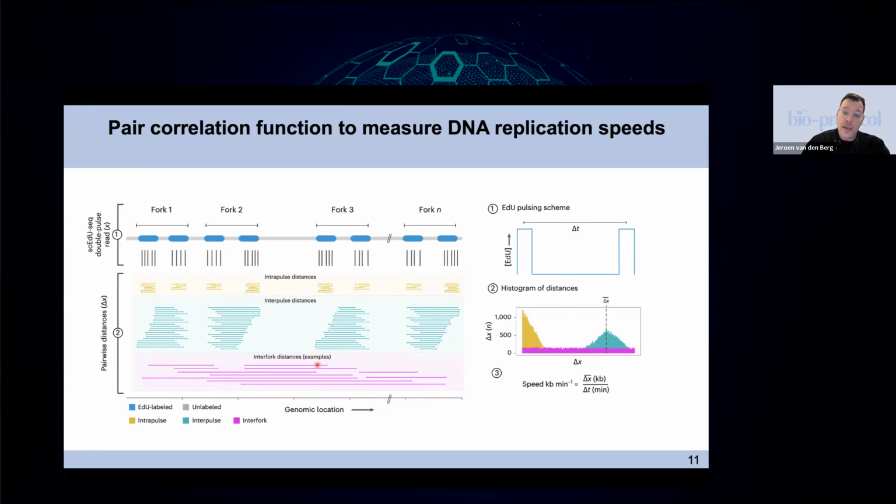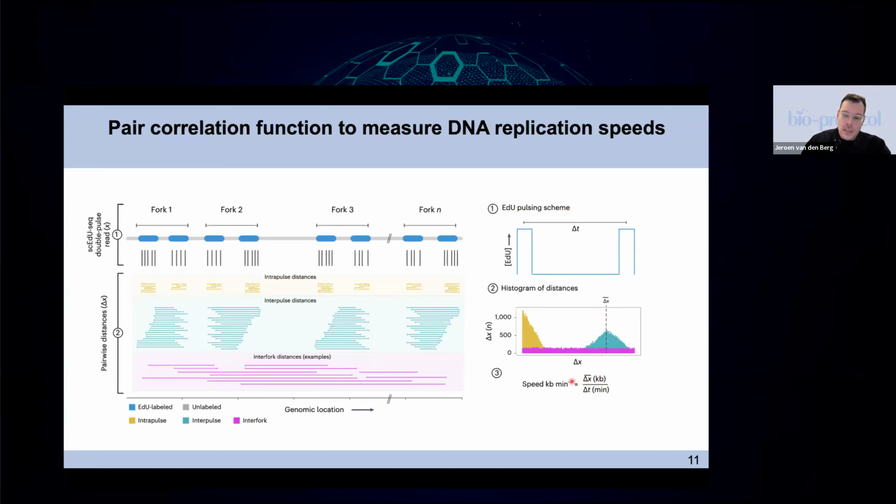We want to measure the distances here. Our idea was, if these form a nice distribution over all the forks, we can extract this cyan distribution and measure the average of that distribution. By measuring the average of that distance, we can divide it by the time between these two labelings of the pulses, and if we divide these two things, we get our speed estimate.